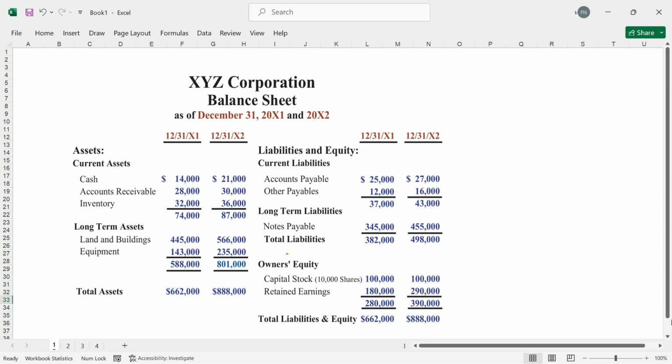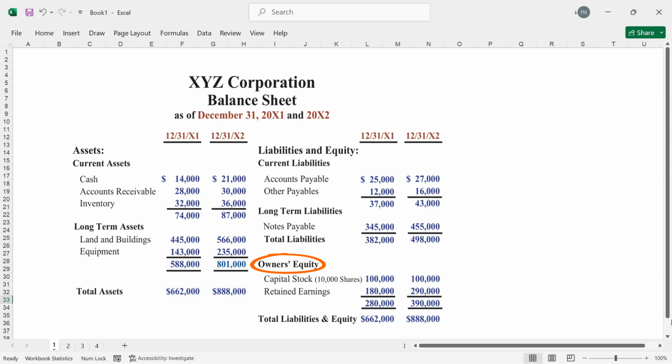The last section of the balance sheet is owner's equity, and there are 2 subcategories always below owner's equity, because there are only 2 ways that owners provide resources to a business that's reflected in this amount of owner's equity.